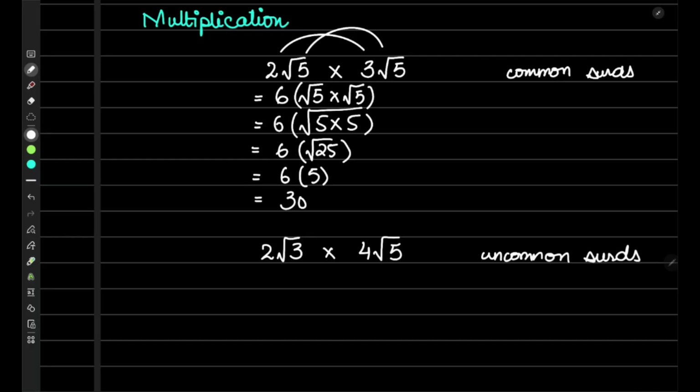If you have uncommon surds, still you will multiply the number with the number and the surd with the surd, and then multiply the numbers inside the surds together to write it as one whole surd. So it will be 2 times 4, 8, and then root 3 times root 5.